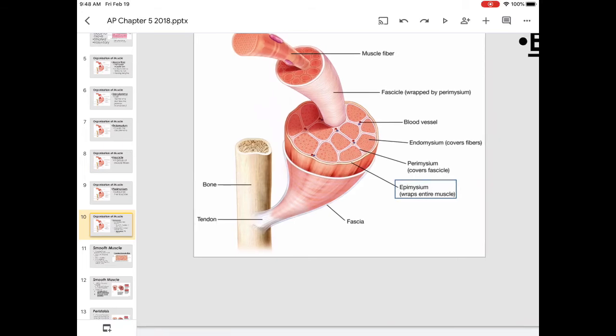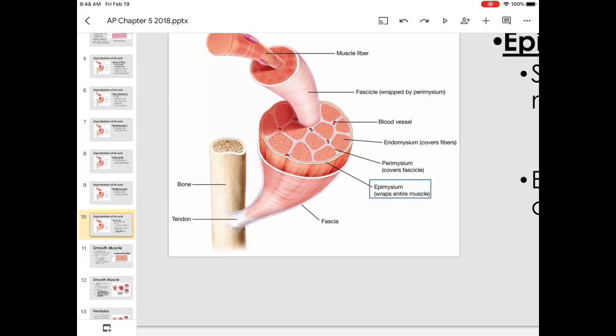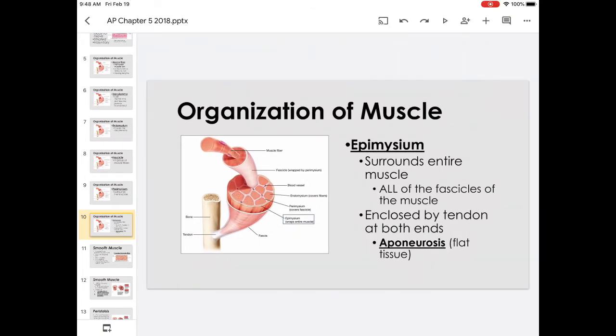The epimysium actually connects at both ends of the muscle, whether there's a tendon, which is strong connective tissue that you can see down here, or a flatter tissue, also known as the aponeurosis.